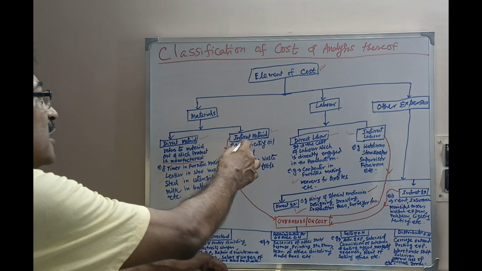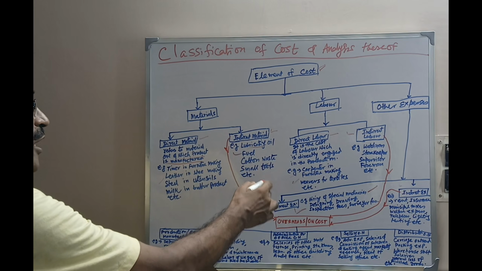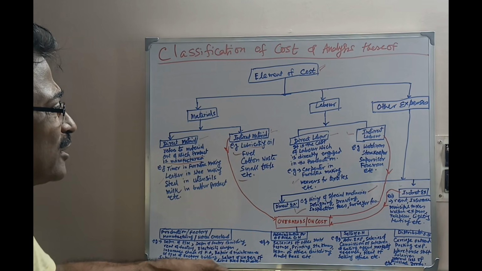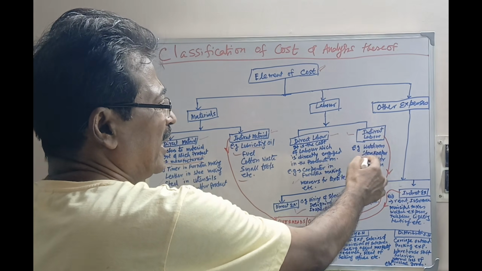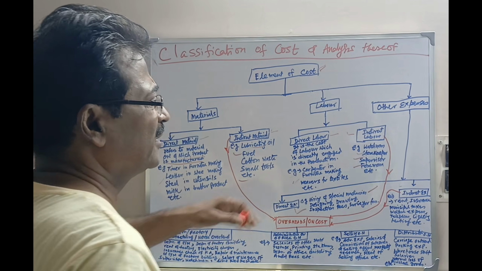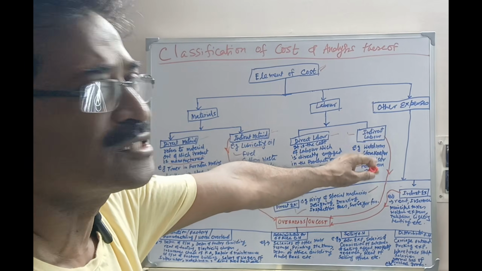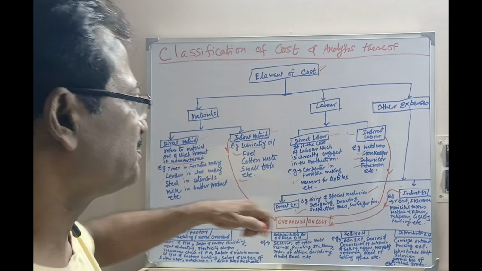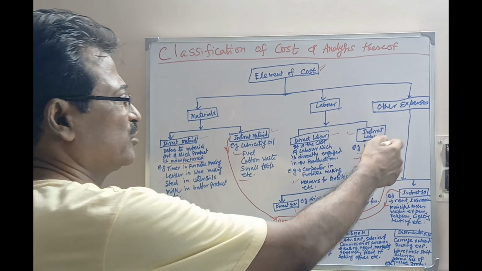Here are some examples of indirect materials: lubricating oil, fuel, cotton waste, small tools, etc. Examples of indirect labor are watchman, storekeeper, supervisor, foreman. It is not directly charged to the cost center or product. This is a common expenditure that has been suitably allocated or apportioned to the cost center or cost unit.